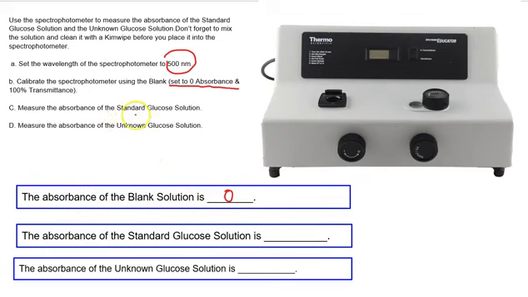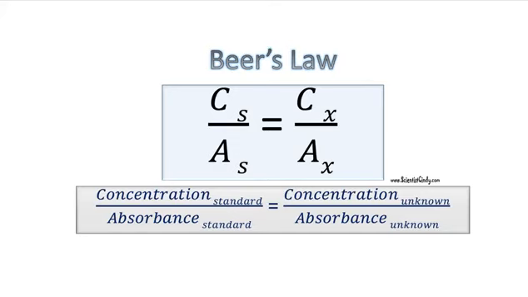And then we are going to measure the standard glucose solution absorbance and also our unknown glucose solution absorbance. So you will have two numbers here after using the spectrophotometer and measuring the absorbance of these two solutions.